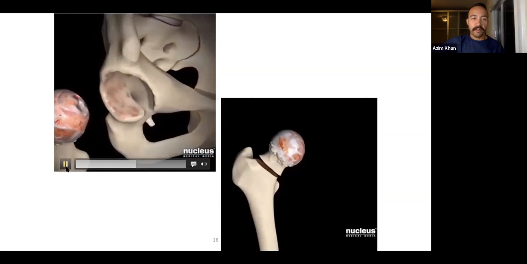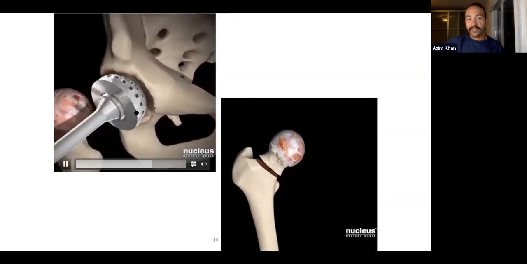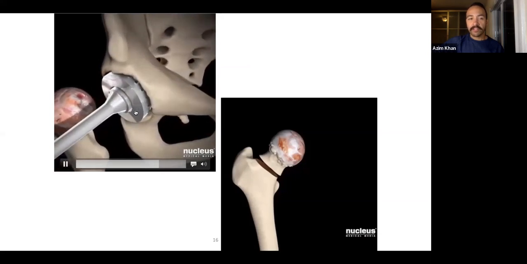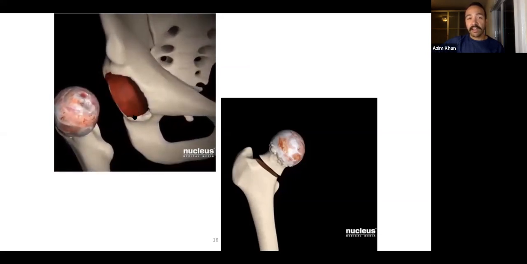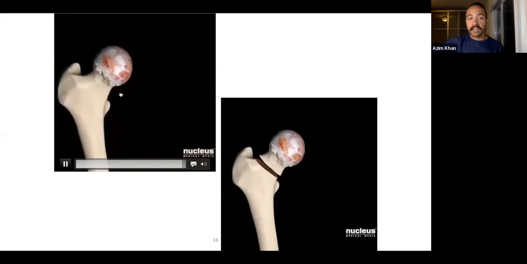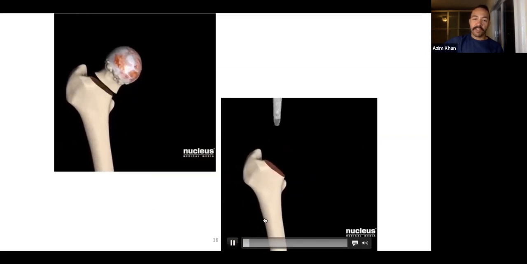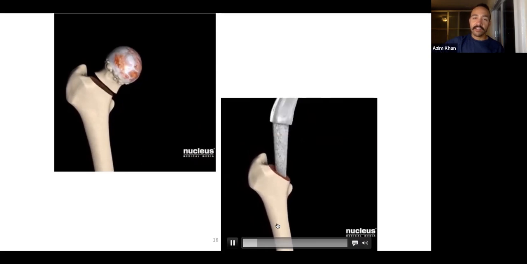There we go. So here we go, shaving down the acetabulum to remove the damaged parts, and we're going to insert a prosthetic socket. And then the head of the femur is removed. The body, part of the diaphysis, has to be hollowed out.